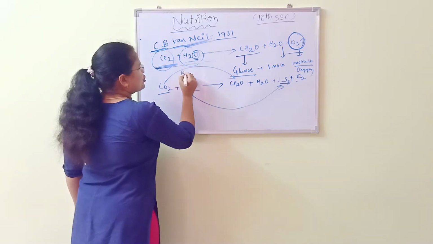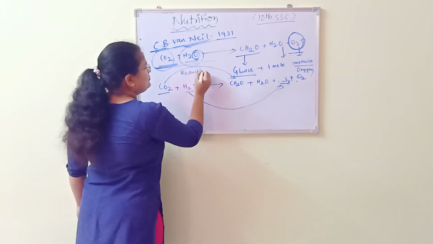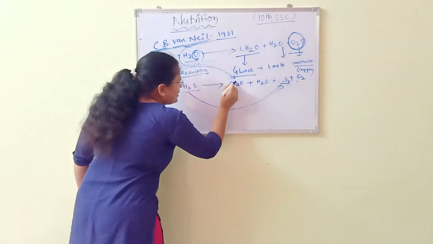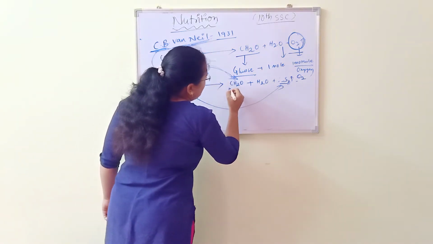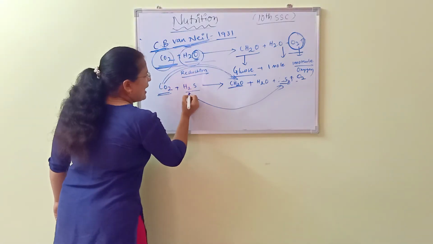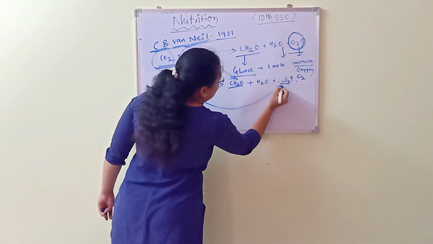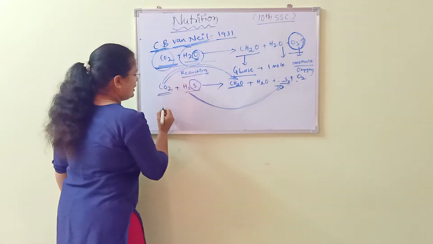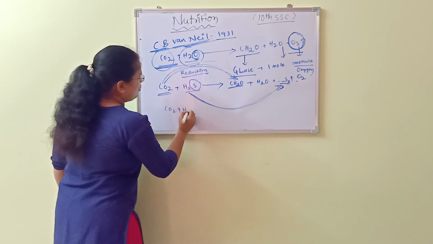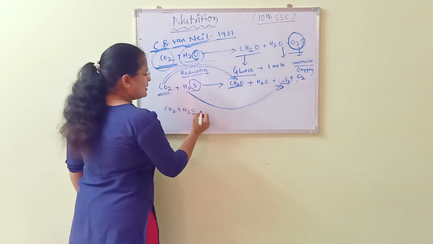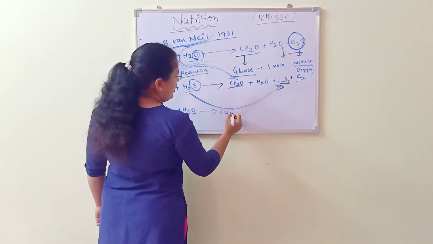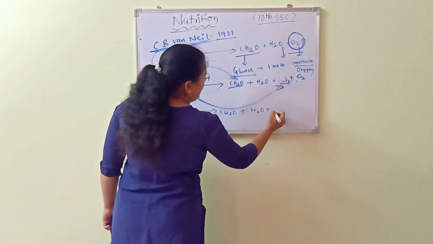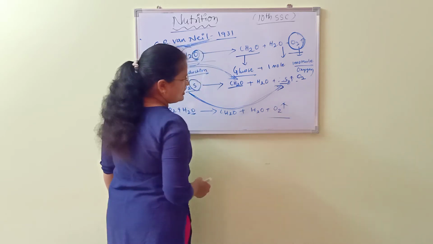By this reduction process, this carbon is reduced into the energy. And by this oxidation, the production of the sulfur is happening here. Instead of this S, if you take O, meaning oxygen, there is a production of CH2O as usual, H2O as usual, and next here O2 production is happening.